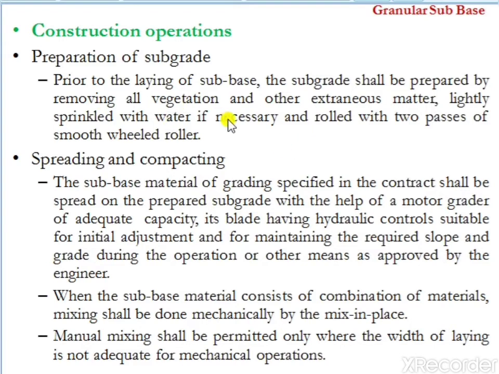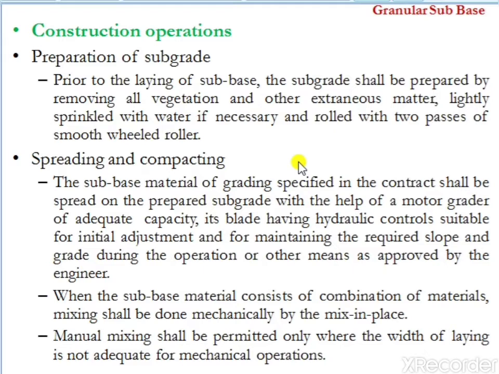So after preparing the subgrade, the aggregates or the materials used for a subbase are spread and compacted over the subgrade. The material is spread over the subgrade using a motor grader of adequate capacity, and the materials used should be as per the specification in the contract.